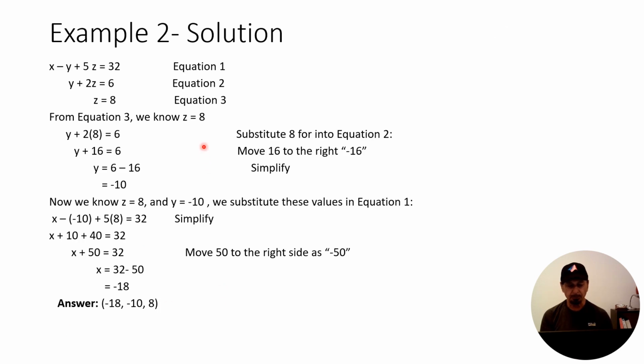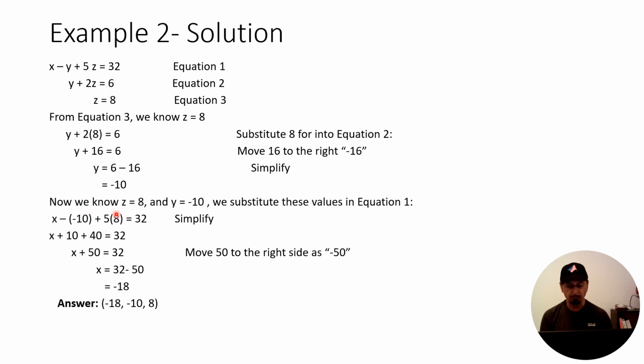We're going to substitute z is equal to 8 in the previous equation number 2. So this becomes y plus 2 times 8 equals to 6, and then 2 times 8 is 16, so we have y plus 16 equals 6. We move the 16 to the right, it becomes y equals 6 minus 16, which is negative 10. So y is negative 10, and we already know z is 8.